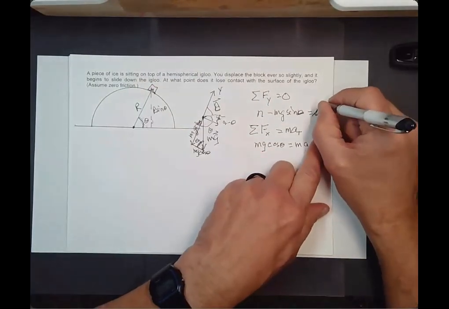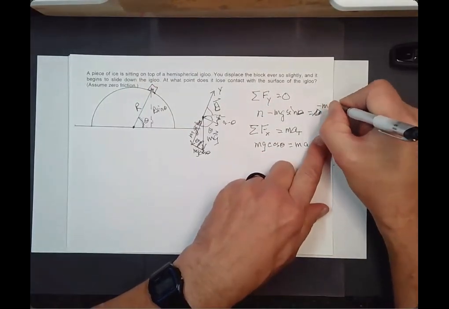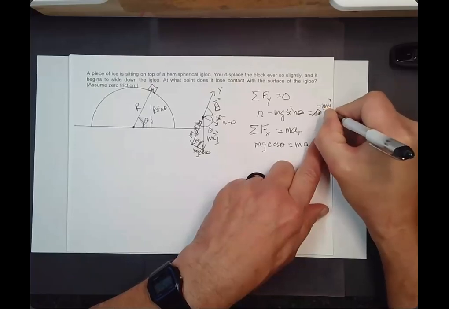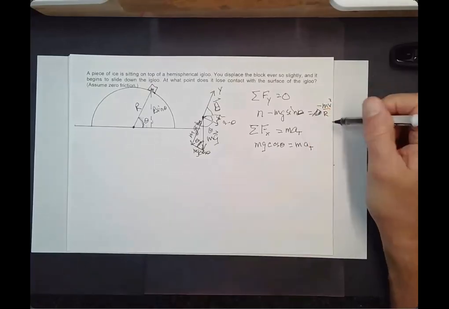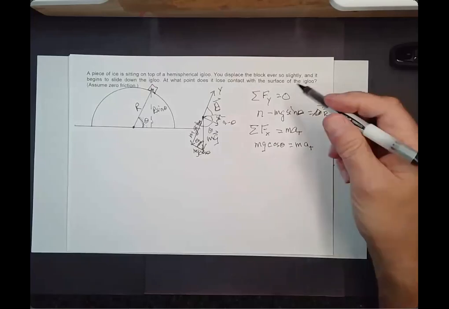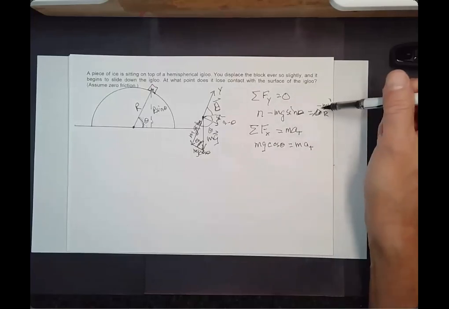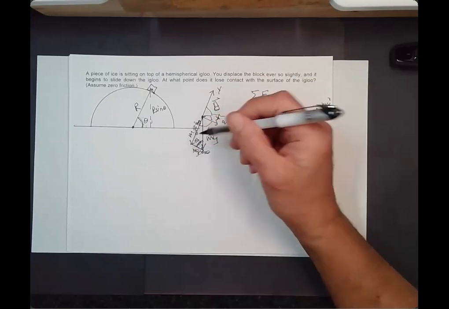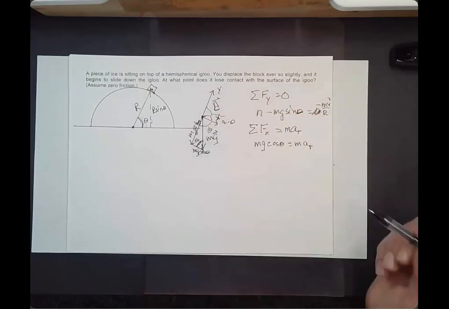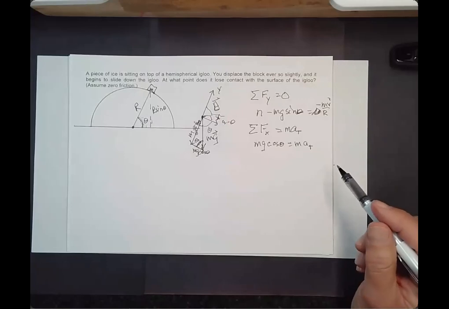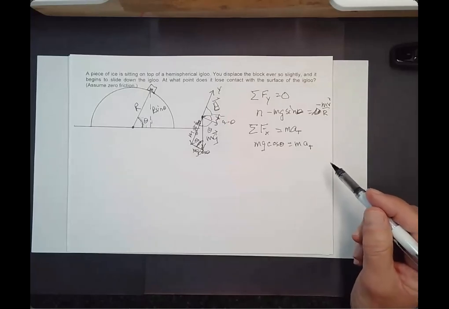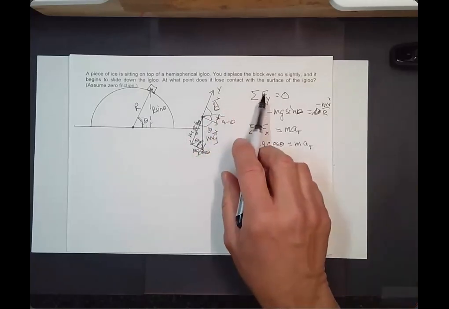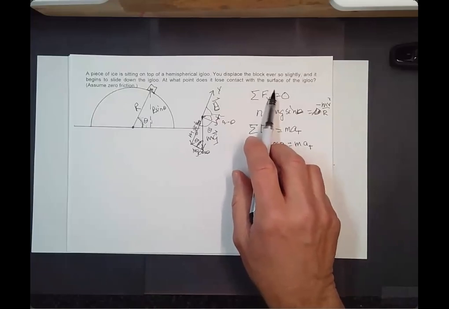So this will actually be minus m v squared over R, and that'll be ma for that block of ice. And it's got a minus sign because I chose y to be positive that way, and the acceleration is going to be in that way.